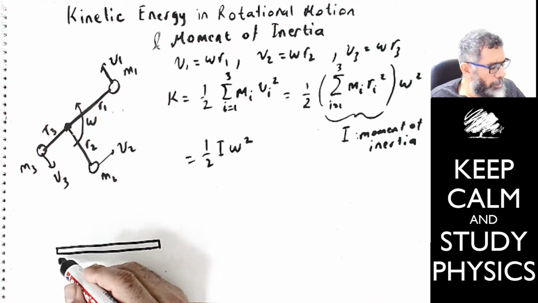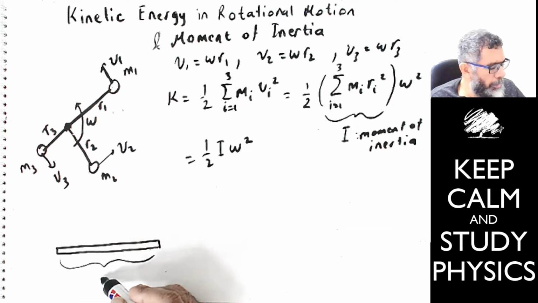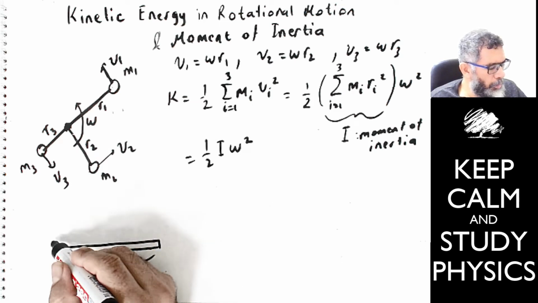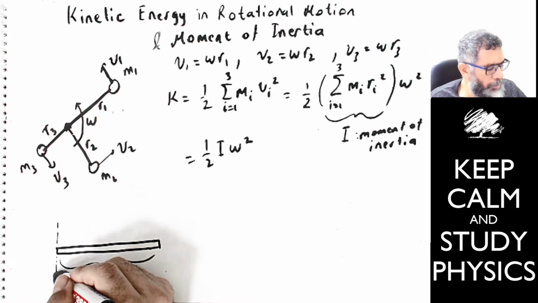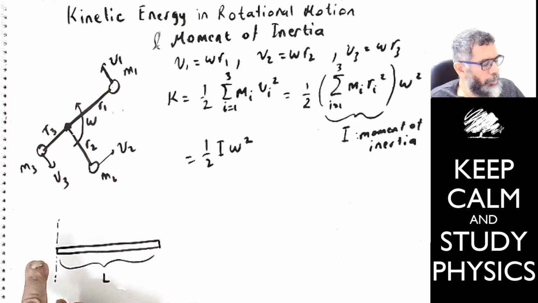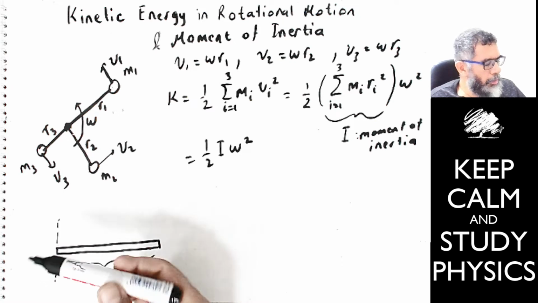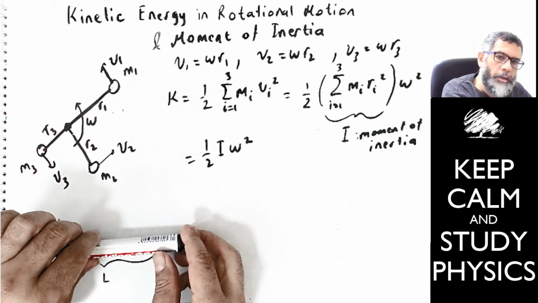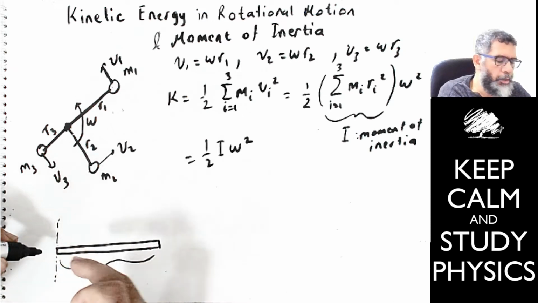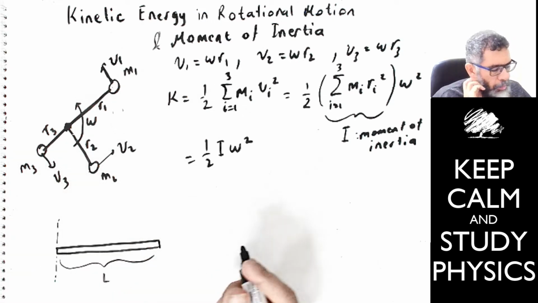Suppose it has the total length L, and you want to rotate this rod along this axis that just touches its left end. So it will rotate around this axis in this manner. Its rotation is going out of the page and going like this around this axis.